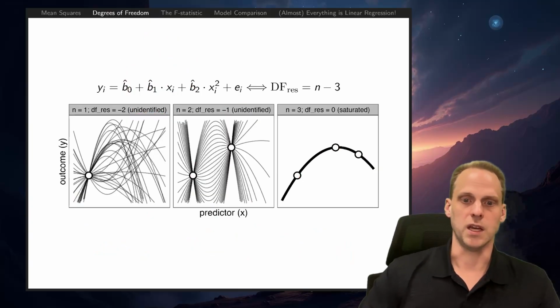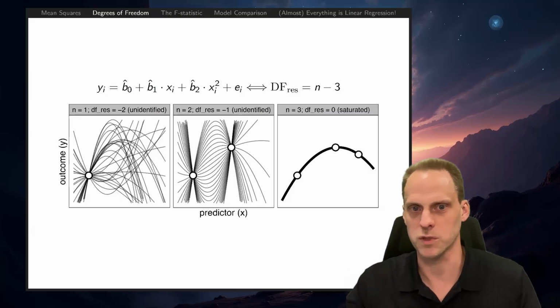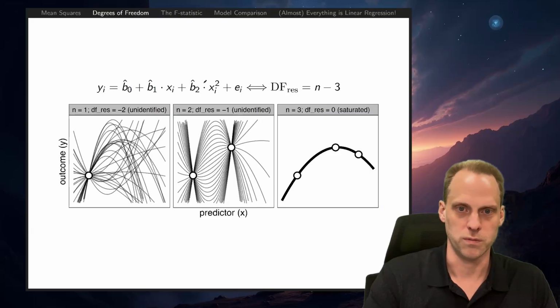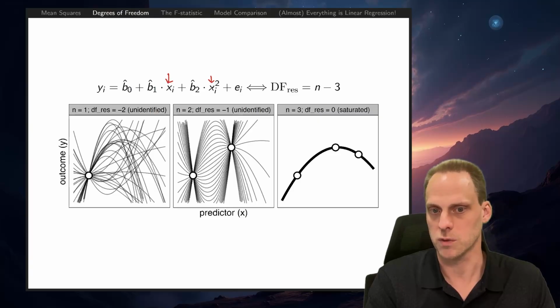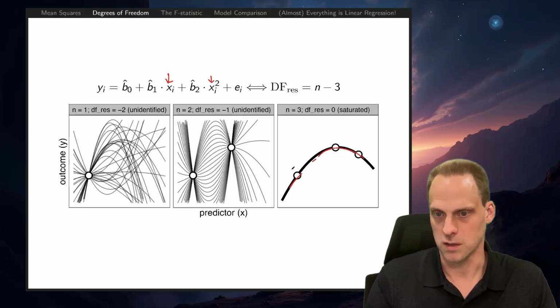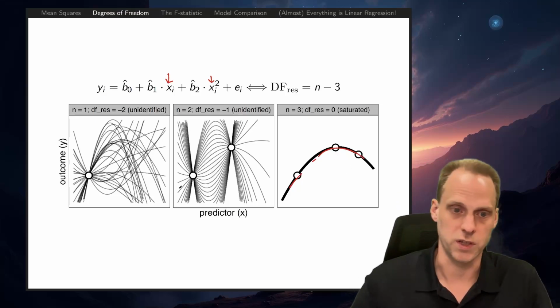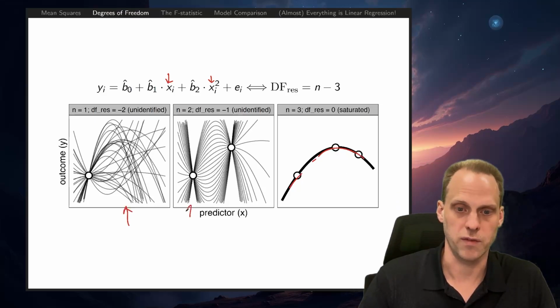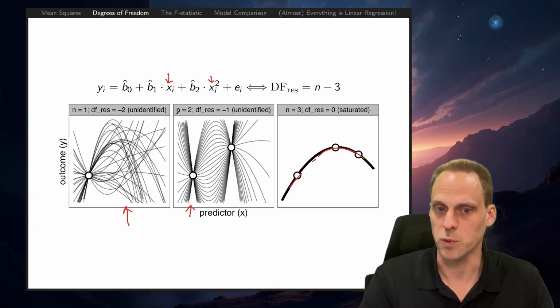Now you can even take it further. This is getting more extreme, but you could even think of a model where we have 2 predictors, so one x here, and I add x squared as a second predictor, which is something we can do. It will allow us to draw a nice non-linear line, which I'll talk a bit later about in the course. And you can see here that we have 3 parameters, so we need to have at least as many data points as parameters, otherwise we can't do this.